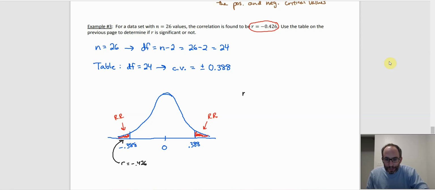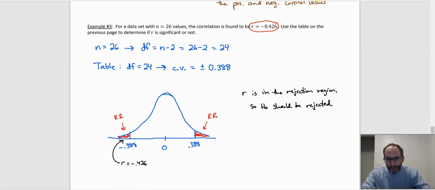So R is in the rejection region. So the null should be rejected. And then the other part of this will also look exactly like example number 1.